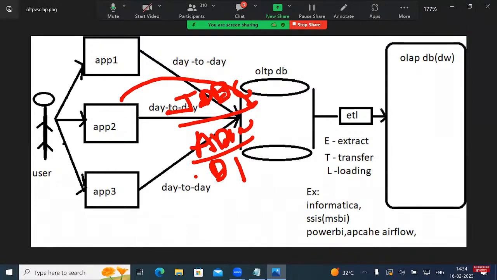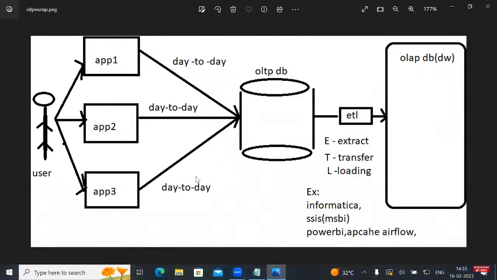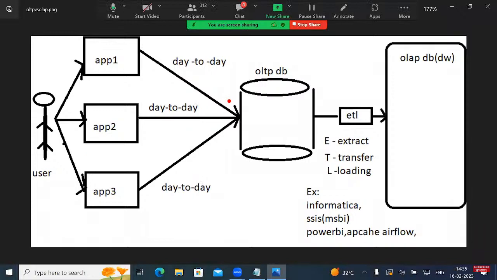Along with these ETL tools making the connectivities between TP and AP, they will also be preparing job schedules. These job schedules are created in real time by the database administrators, as per their business.